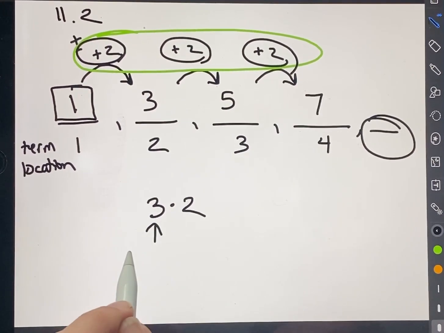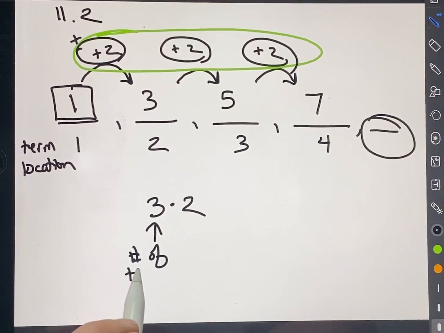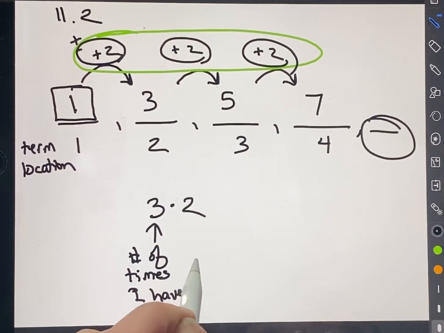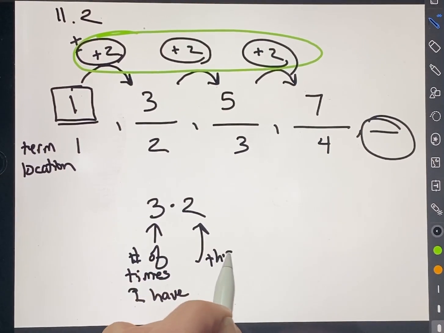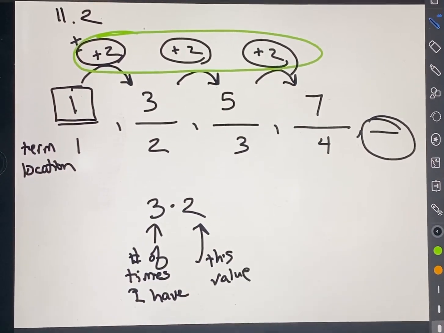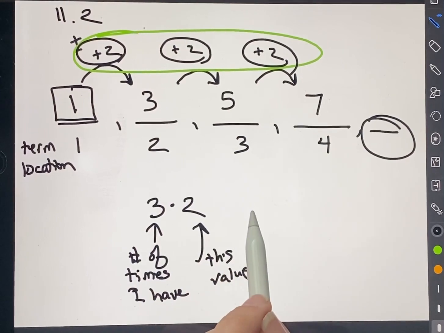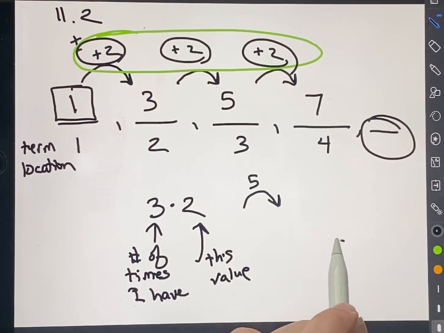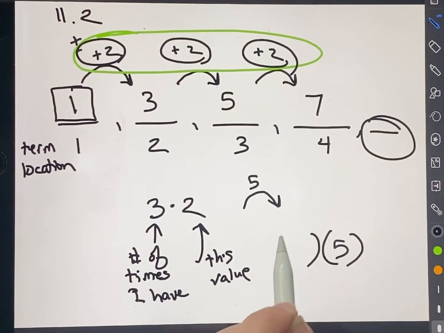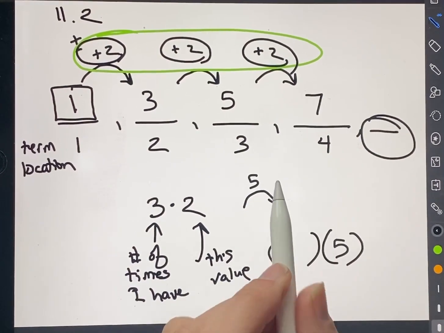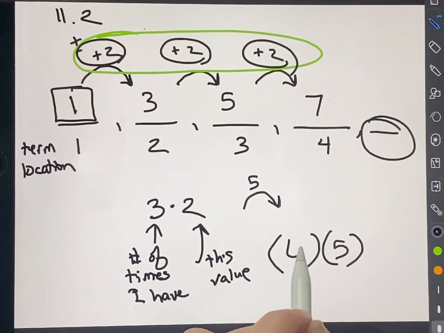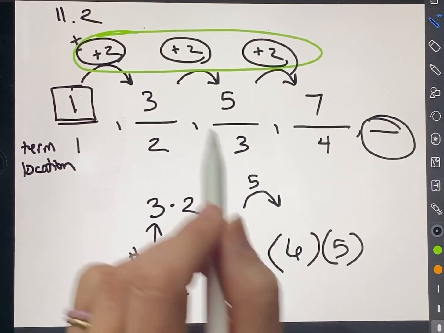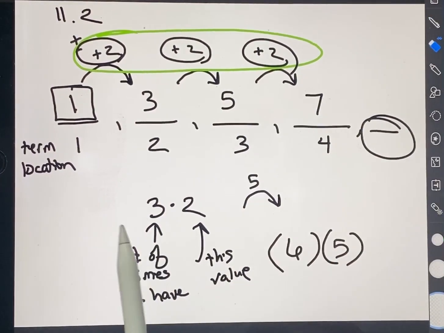This is the number of times I have this value, correct? So if I am jumping by 5, I have a value of 5. And how many times do I have it? Say I'm jumping 6 times. That means I would have 30 to add to my first number.